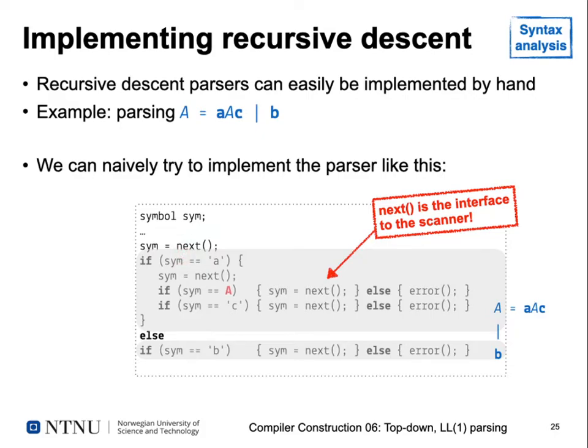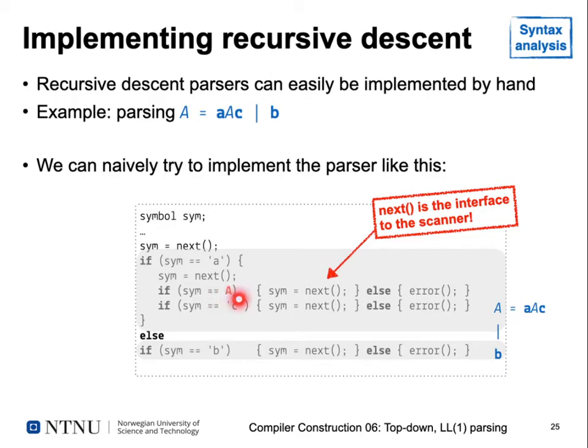Now we need to write code that chooses the production, either the first one or the second one. We do this by checking the first character in each of these productions. If our symbol is the character a, then we know we need to read another symbol, because our production is longer than one symbol. So if the symbol equals our terminal a, then we read another symbol.